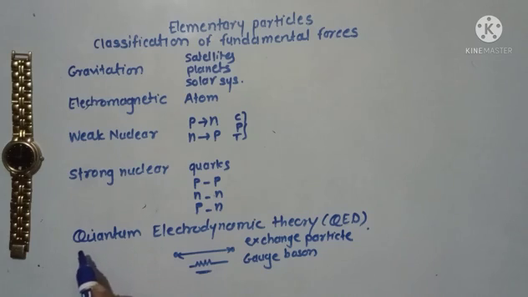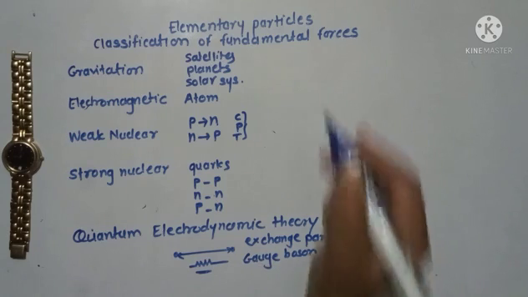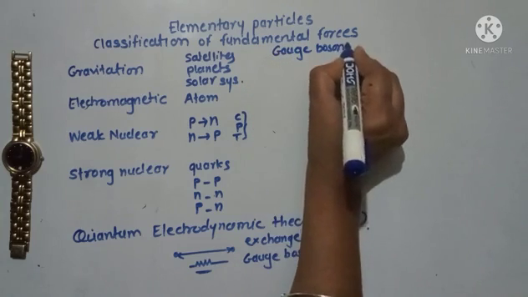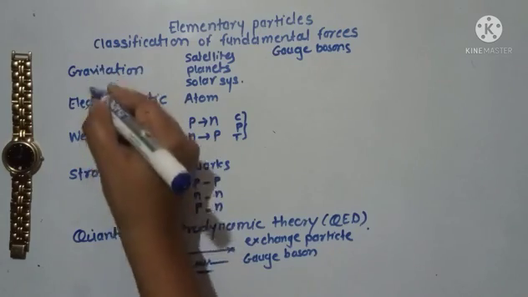So what is the quantum electrodynamic theory telling us? Whenever there is a force between any two objects, any two particles, that force is mediated by some exchange particle, and that exchange particle is called a gauge boson.